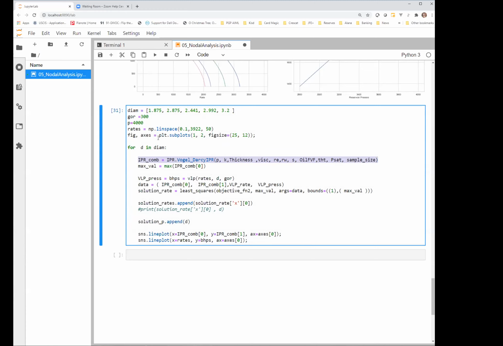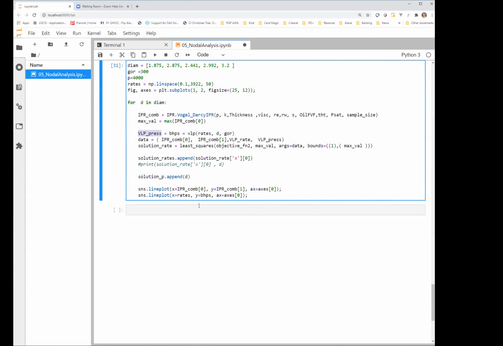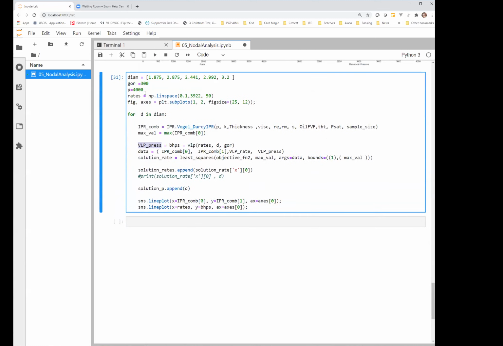We could also take this out because, in fact, we should do it because we have multiple evaluations without need of that. But for the VLP, it's going to be a calculation for every single diameter, okay?